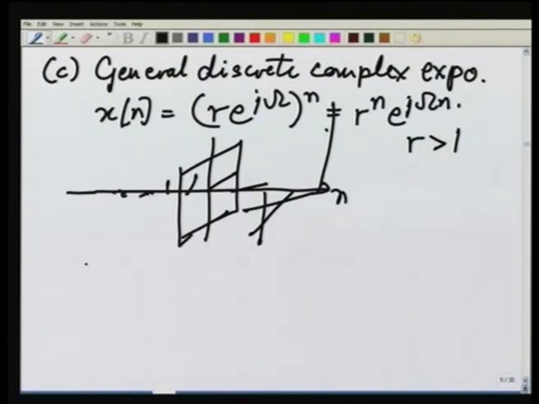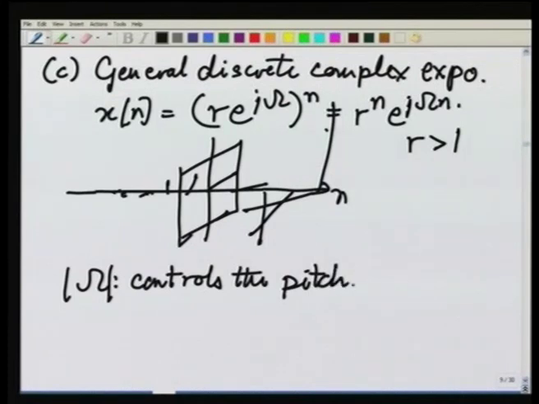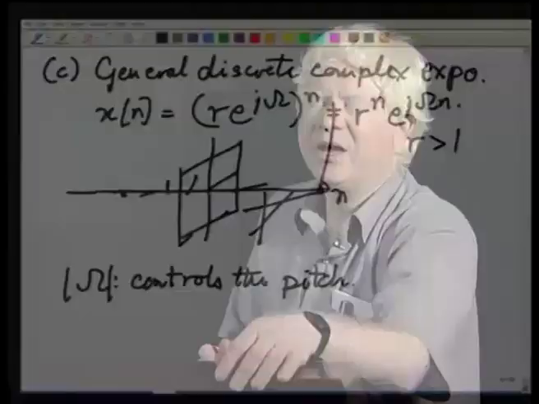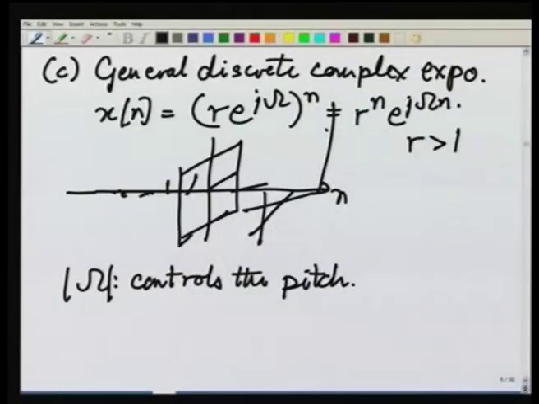First, the effect of omega: mod omega controls the pitch, there is of course the proviso that omega has to be of the form 2 pi by N for having an integer as the period of this exponential helix. Sin omega determines handedness.